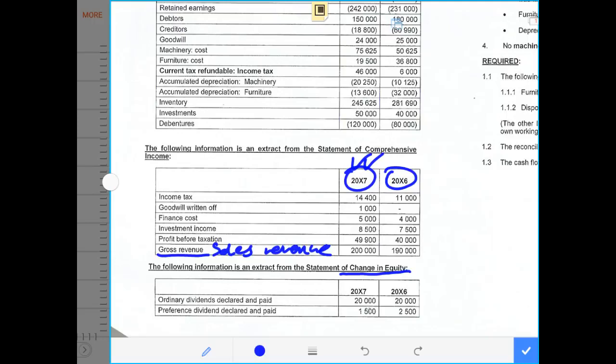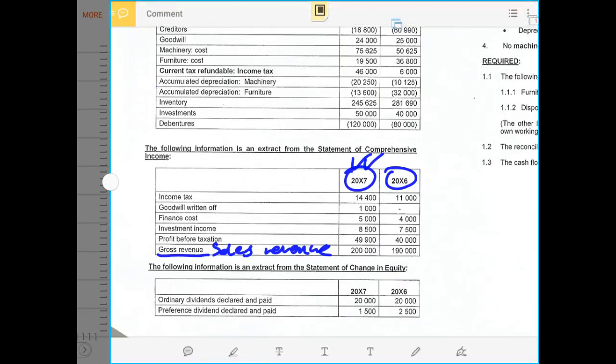That means the total dividends that would have been paid by the end of the year 2007 will be 20,000 plus 1,500, which will give us 21,500 of the total dividends declared and paid by the end of the year 2007.